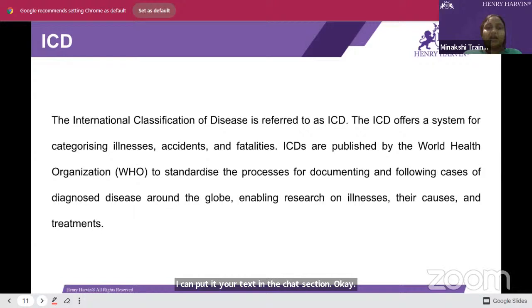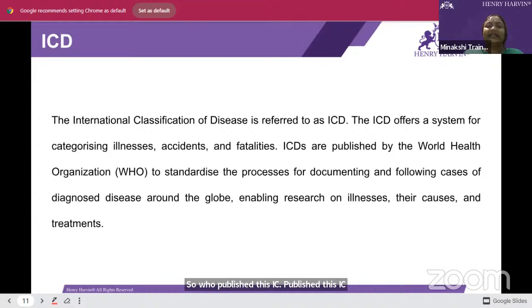What is ICD? ICD stands for the International Classification of Diseases. Diseases means all the disease diagnoses, their causes, reasons. These kinds of codes will be available in this ICD book. Who published this ICD? WHO published this ICD.